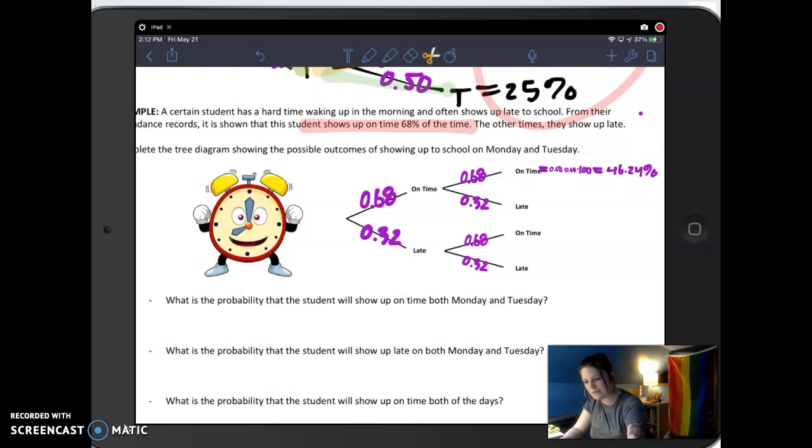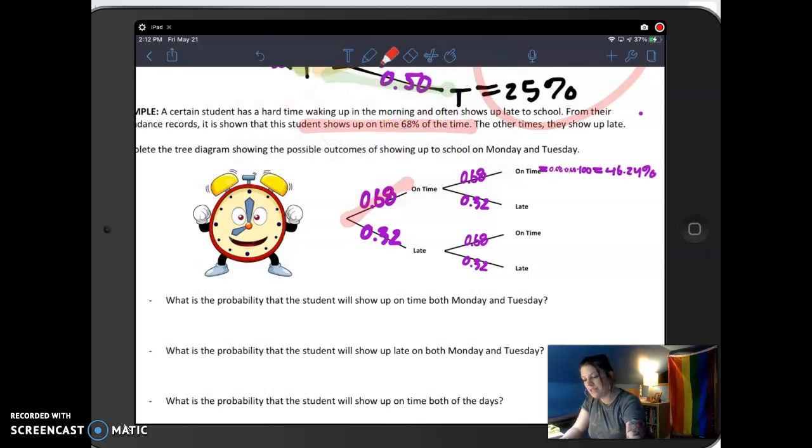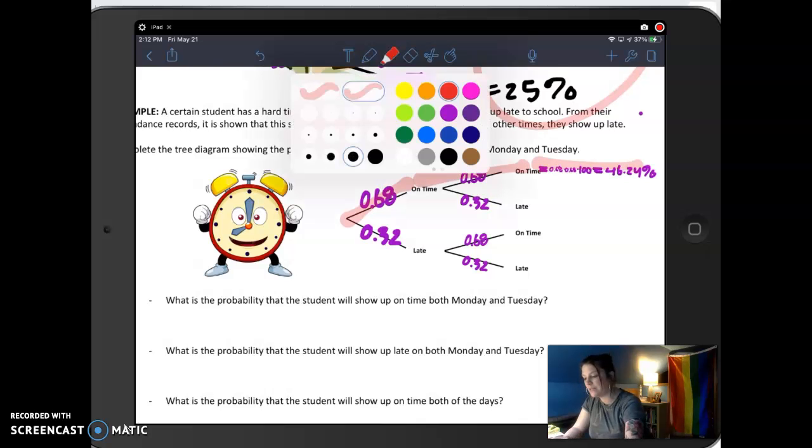There we go. All right, so now this represents Monday and this represents Tuesday. So the first thing we found was the probability she's on time both days.